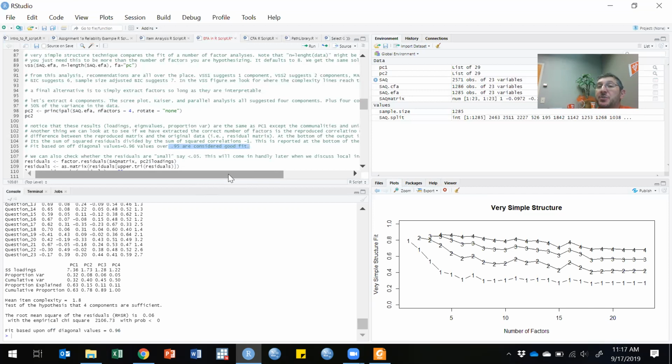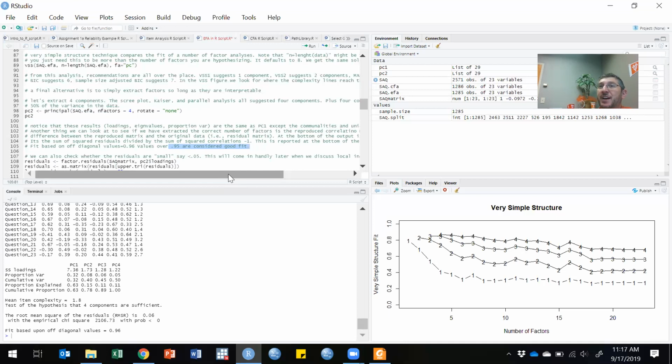Another thing we can do is examine the residuals of this. We have our original data set with that original observed correlation matrix. We can also have the relationship between the variables that is based off of these principal components.